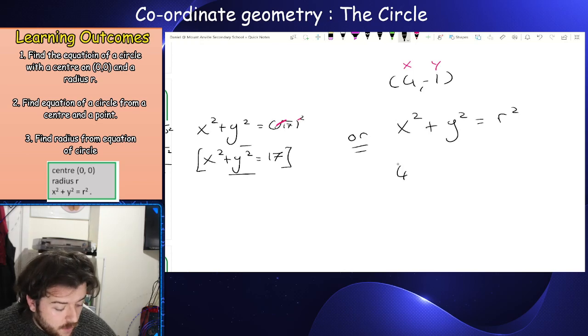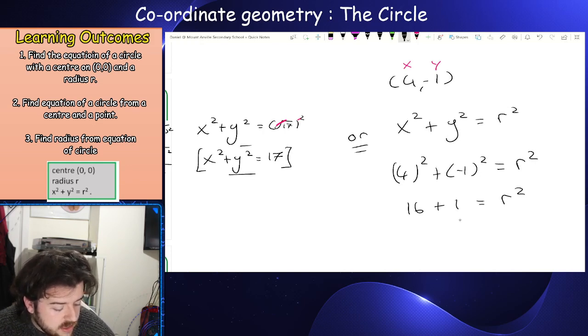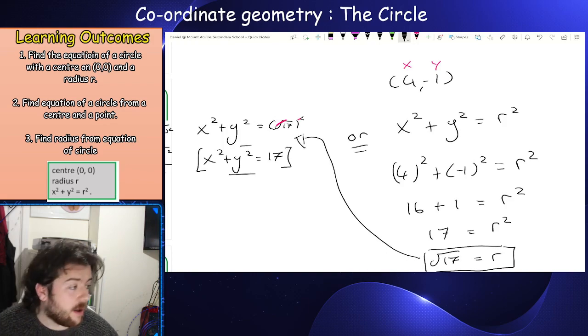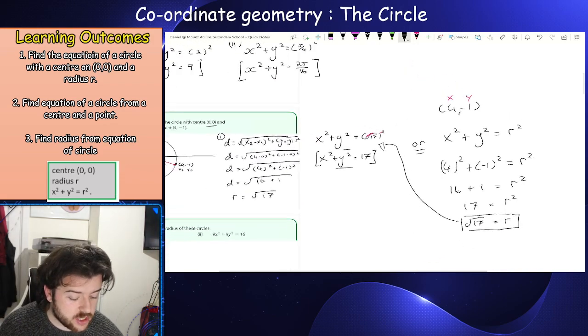So 4 squared plus (-1) squared equals radius squared. 16 plus 1 equals radius squared. 17 equals radius squared. Square root 17 is my radius. Then I sub it into this formula up here and I get the same answer. So there are 2 ways you can do it.